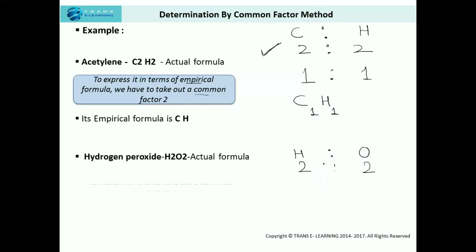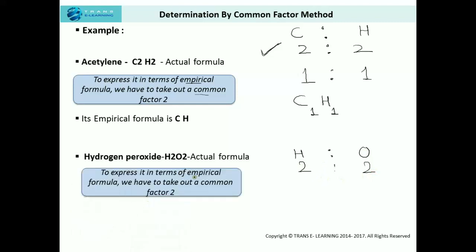So to express it in terms of empirical formula, we have to take out the common factor 2. That means we need to divide these atoms by 2 and we will get the ratio as 1:1. So 1:1 represents the simplest whole number ratio that we can get. So the formula that we get, that is H1O1, is the empirical formula of hydrogen peroxide.